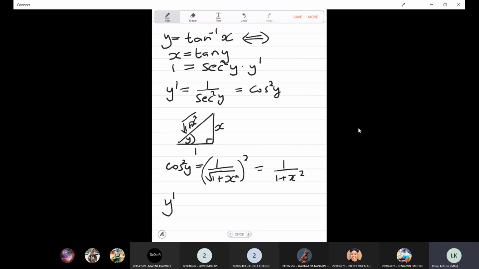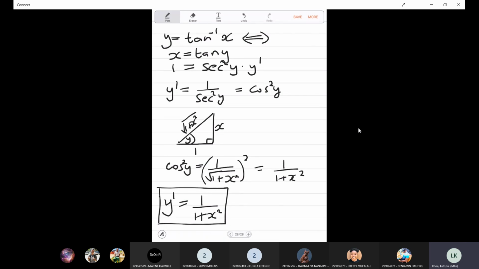So our y prime is in fact equal to 1 over 1 plus x squared, and that is the derivative of tan inverse of x. Okay, then from here you can also work out the derivatives of sec inverse, cosec inverse, and cot inverse. You do them in the same way.